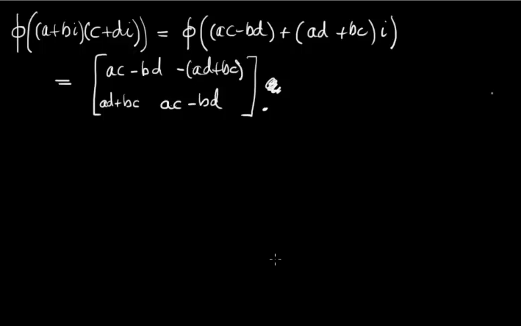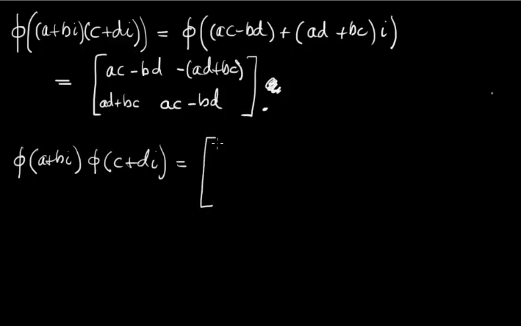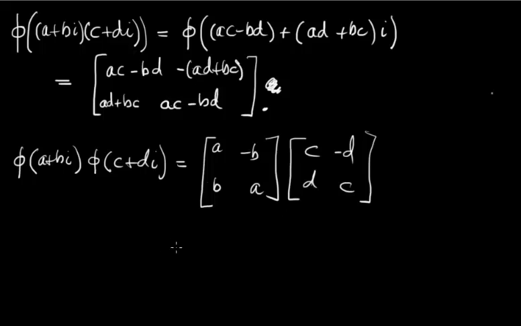Okay, so that was phi of xy, so to say, and now we will do phi of a plus bi times phi of c plus di and see if we get the same thing. Well, that would be the matrix a, minus b, b, a, times, and this other one goes to c, minus d, d, c. So we need to multiply these two together, and we have ac minus bd, good.